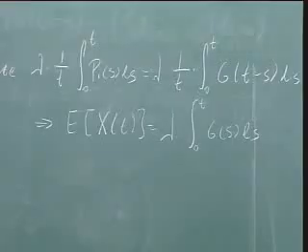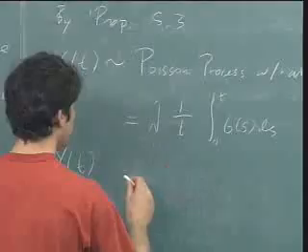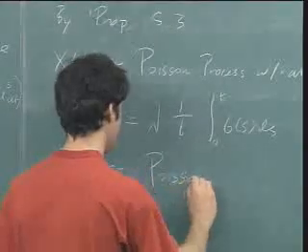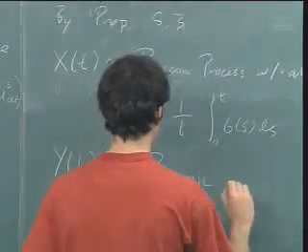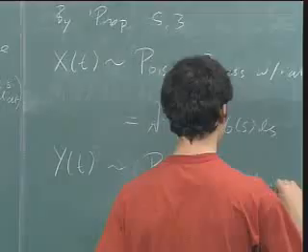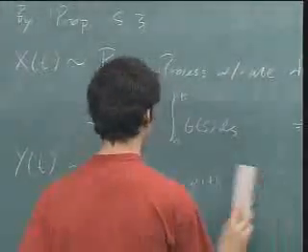And similarly, Y of t will be a Poisson random variable with mean, I mean, it's going to be a Poisson process. So let's be consistent.